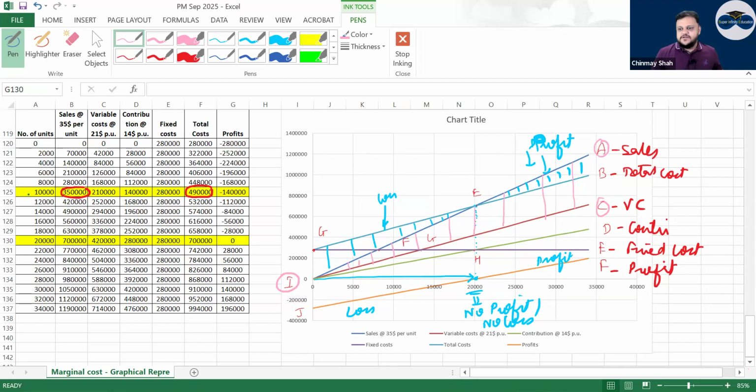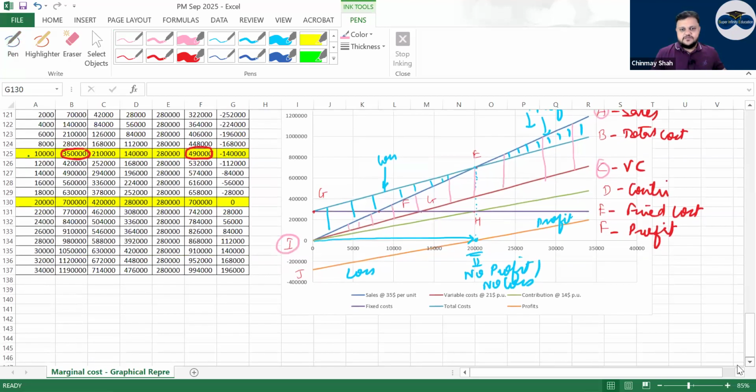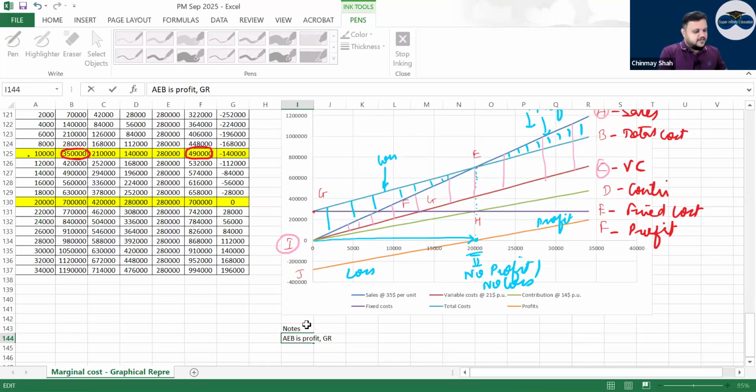Right? So I will write, wait. Below this I will write all the notes. Correct? Notes. AEB is profit. Correct? AEB is profit, comma. G, E and I is loss.